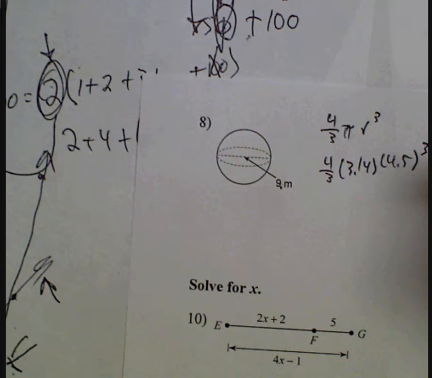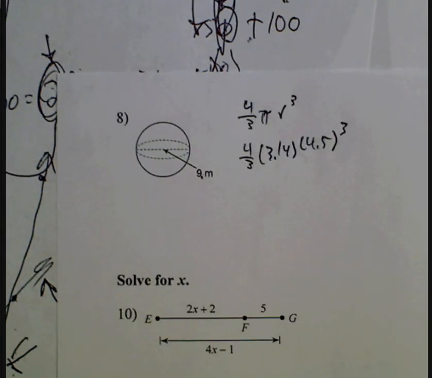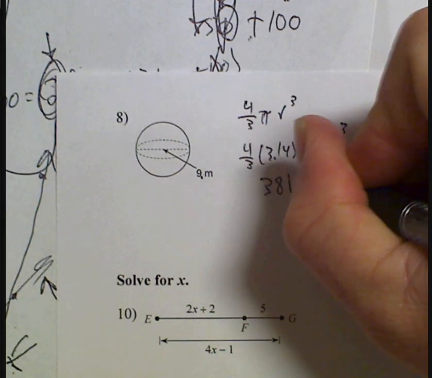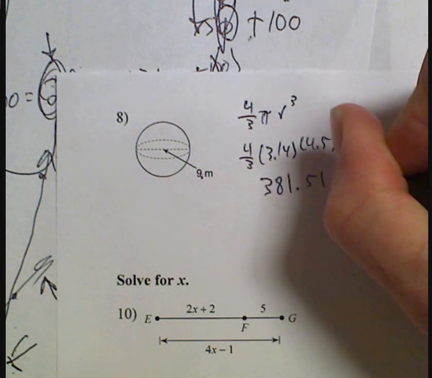I'm going to cube that. So I can take 4/3 times 3.14 times 4.5 to the third. And I get 381.51 meters cubed.